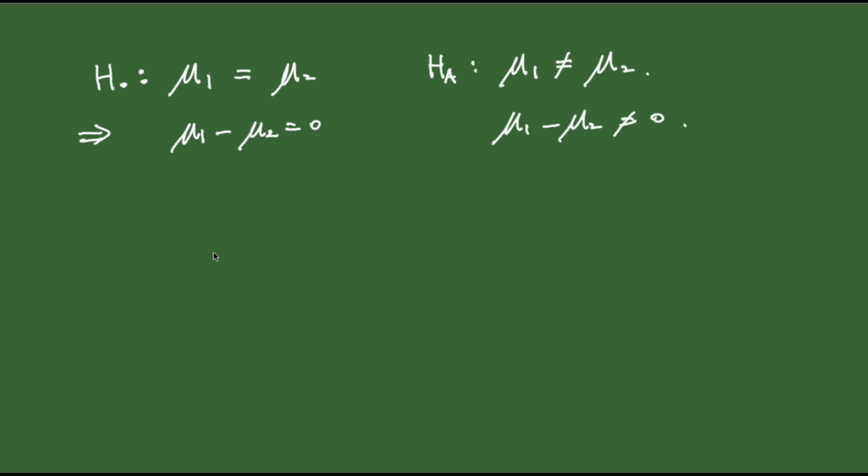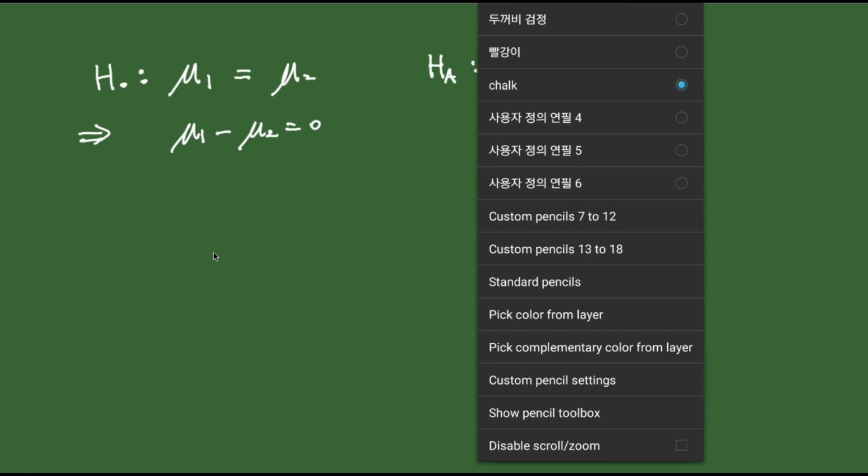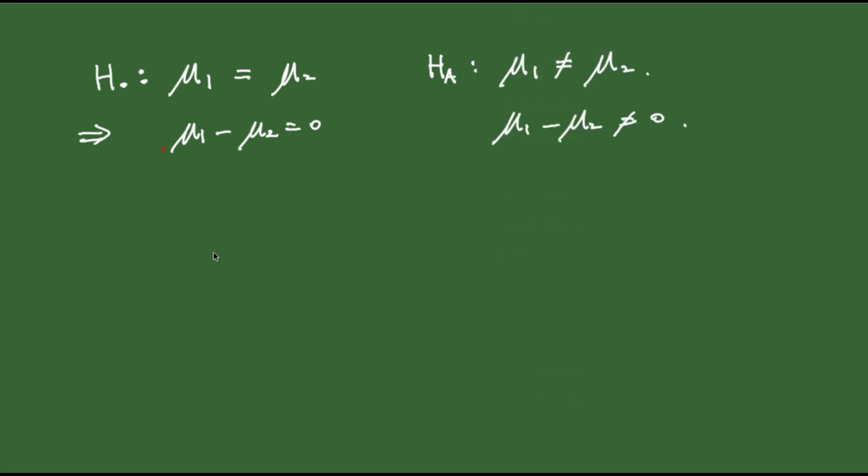When we think about this term, do we have any direct observation for the whole mu1 minus mu2? No, because we don't have any one-on-one relationship.